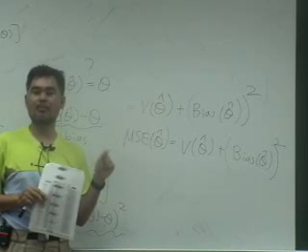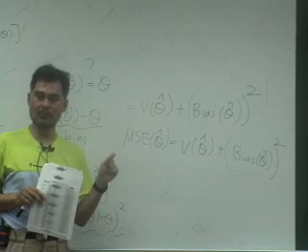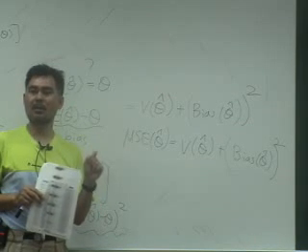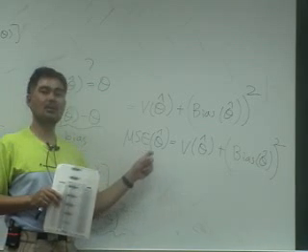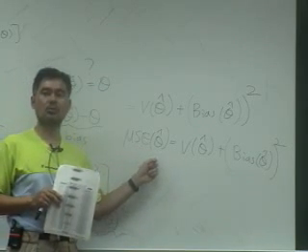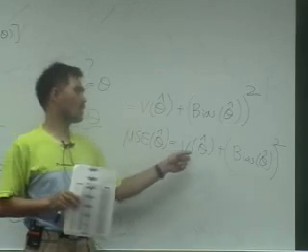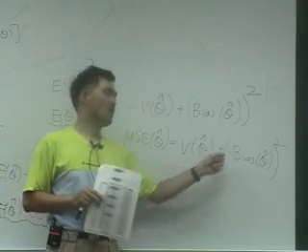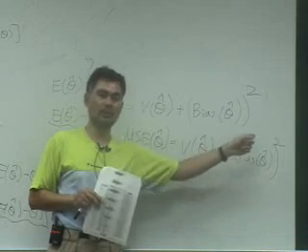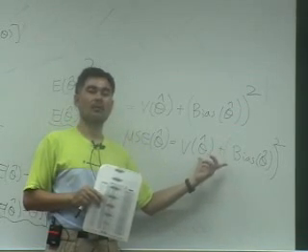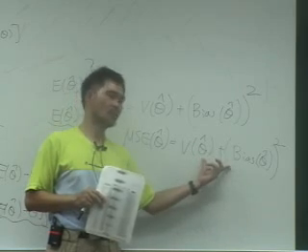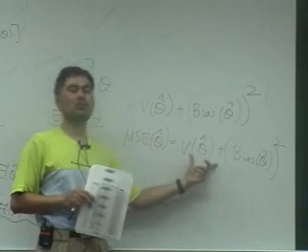One is biased but has smaller variance, and one is unbiased but has larger variance. What are you going to choose? The criterion to choose is this variance plus bias squared. If these two things put together give a smaller MSE for one of them, then we choose that one.